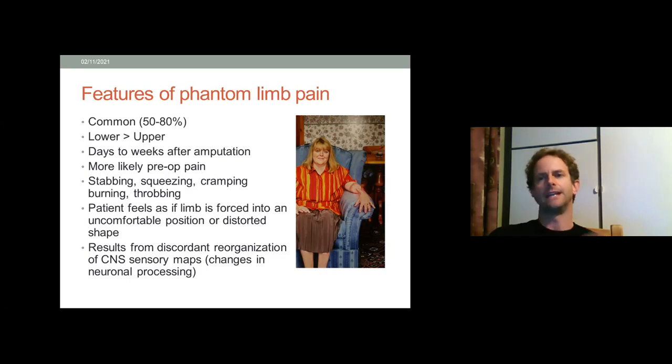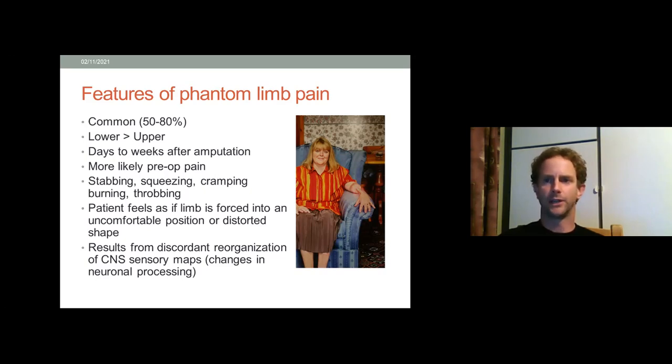So the upper limb pathways come from the fasciculus cuneatus, whereas the lower limbs come from the fasciculus gracilis, and where they map into the cortex is the upper limb is more anterior and has lots of inputs and is related to higher cognitive functions, whereas the lower limb is more posterior and there's less higher functions. And so lower limb pain is more common.